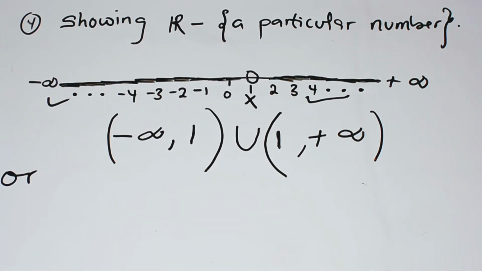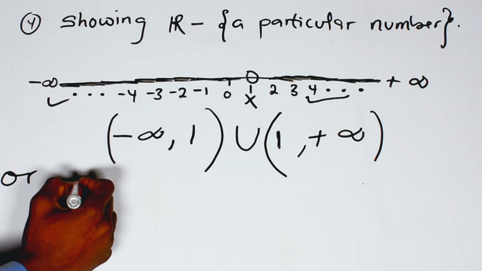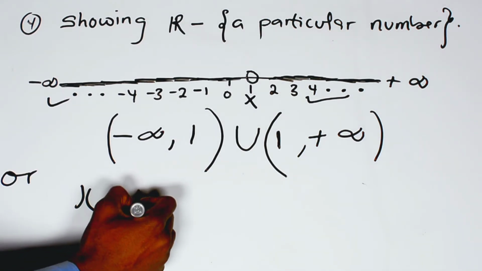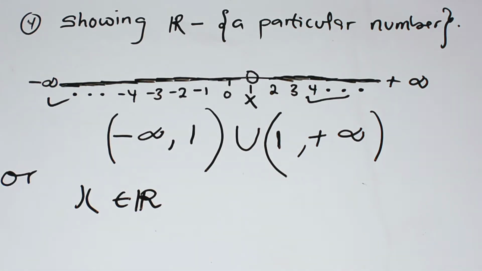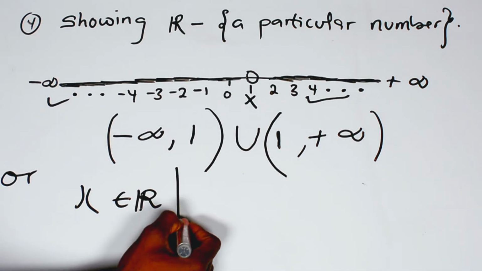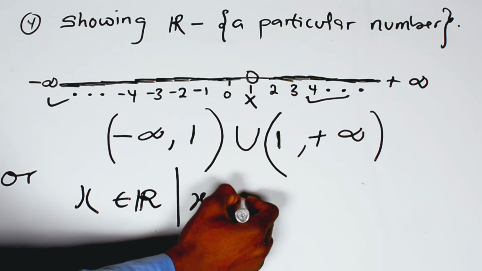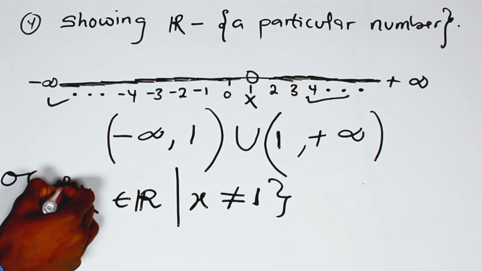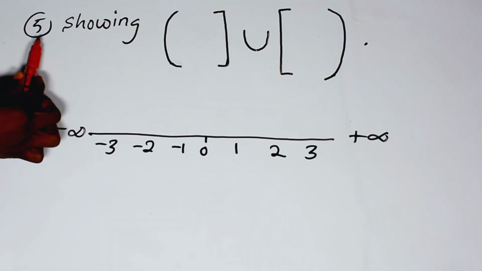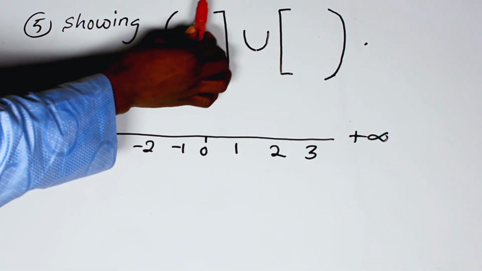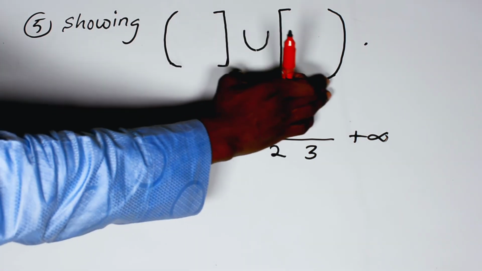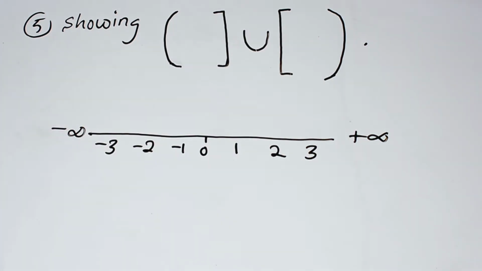Or we can also write this in the form of notation as x belongs to real numbers such that x is not equal to 1. So we can even write it in this form. It's all correct.